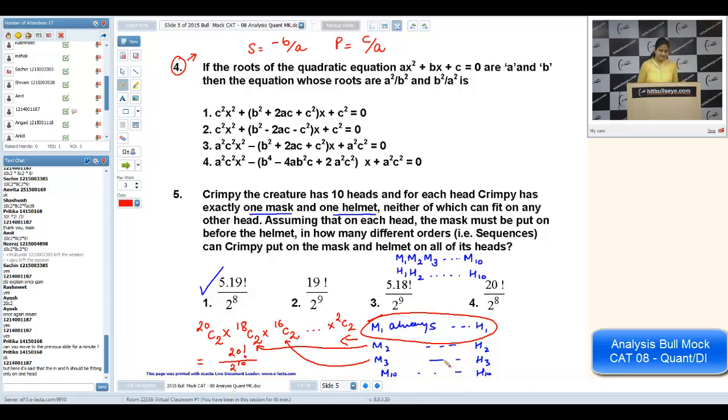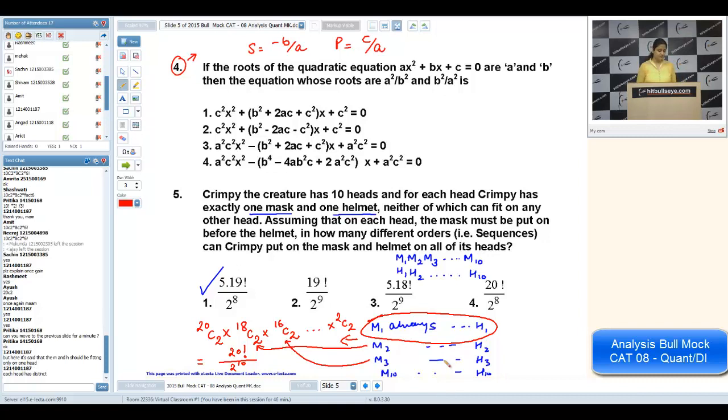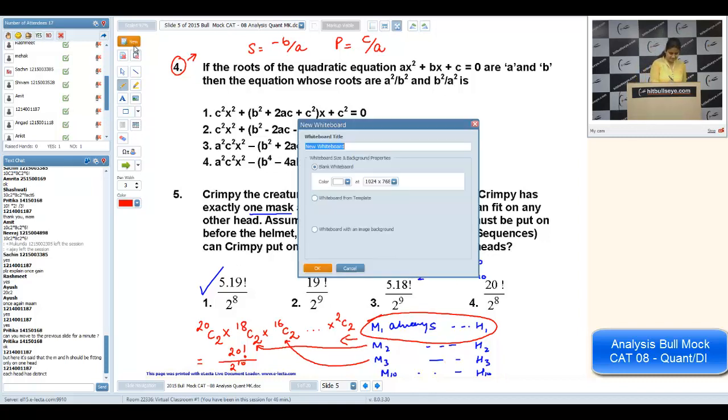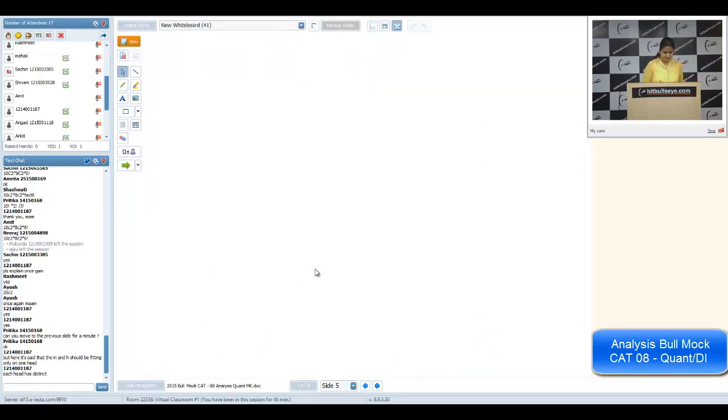Actually, yes. That is not the meaning of each head has distinct. Okay. Let us see. We need a sequence for these heads. Say this is head 1, head 2, head 3, head 10. The meaning of this question is we want to put a mask and the helmet on every head.